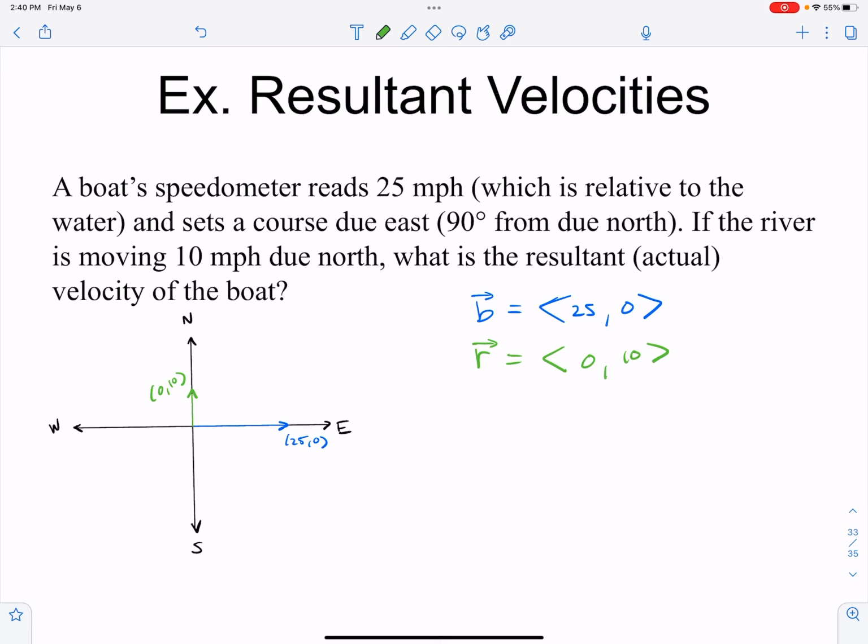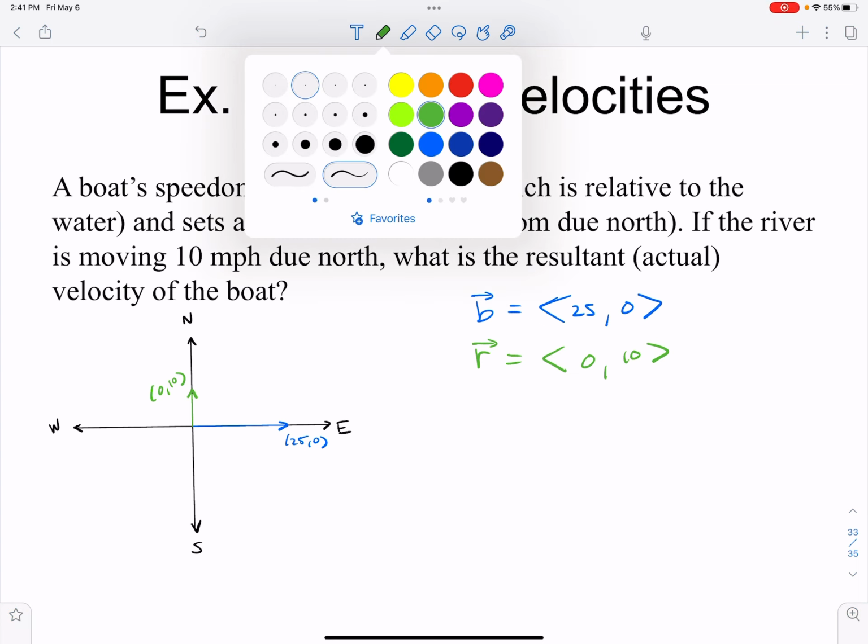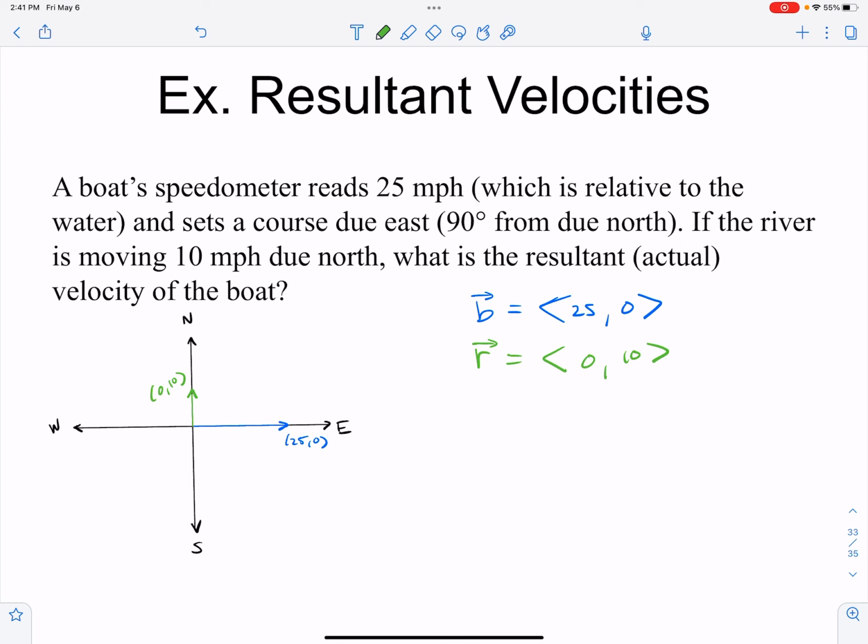So the resultant velocity is going to be the velocity at which the boat is actually traveling. And we can come up with that velocity just by adding those two vectors together.